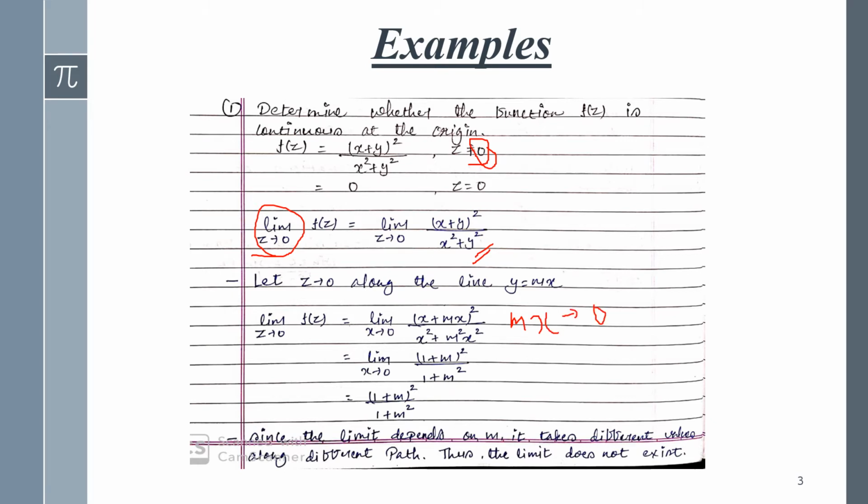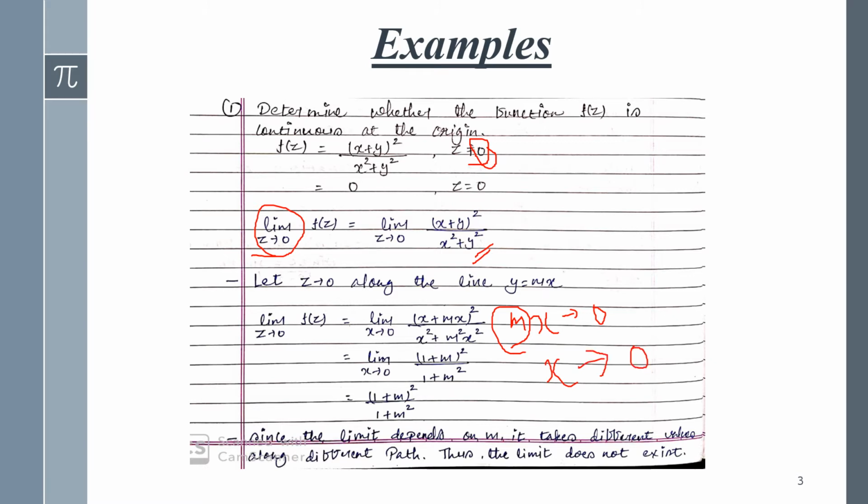But as you all know, m is a constant number, right? Like 2x tends to 0 means x tends to 0, so similarly mx tends to 0 means x tends to 0.